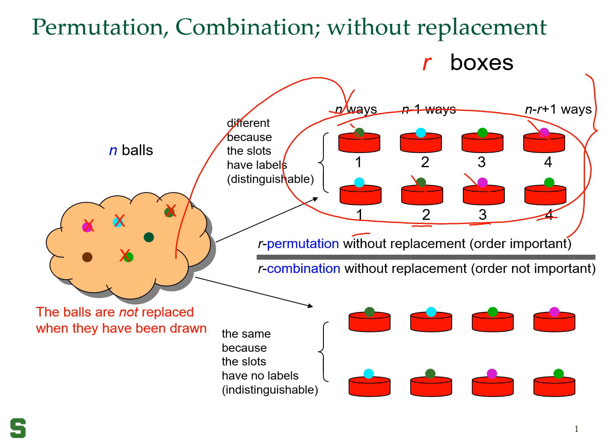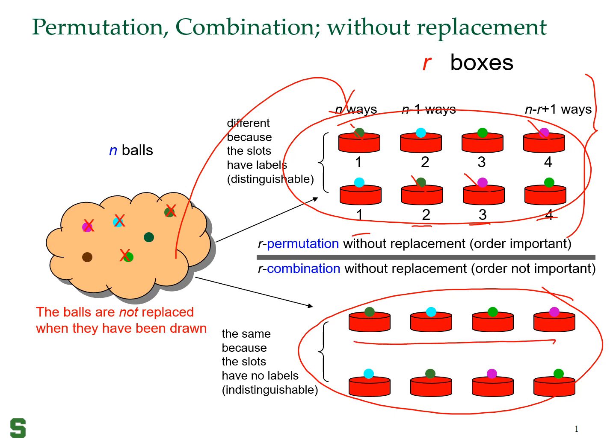In the case of permutations, these are different arrangements, and therefore in permutation order matters. In combination, we are looking at all of this as one set, and therefore the order doesn't matter. So these two arrangements are basically the same as far as selection is concerned because they have the same set of balls.